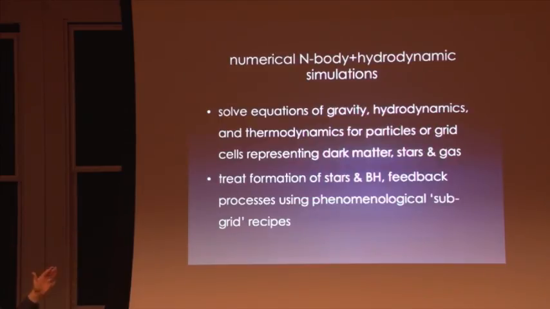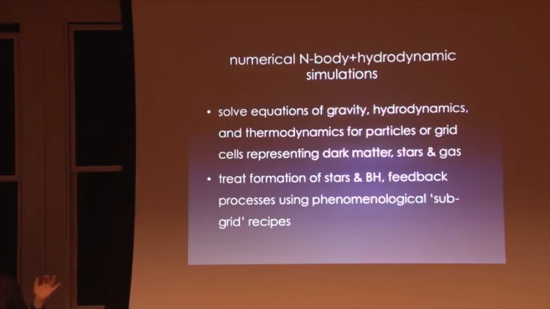So here, instead of just tracking these general flows, we're actually solving the equations of gravity, hydrodynamics, thermodynamics, etc., either for particles or for grid cells, and actually tracking how the gas and stars move around, as well as how stars form, etc.